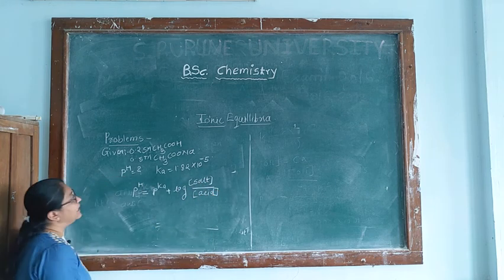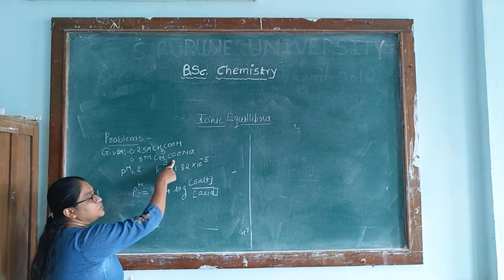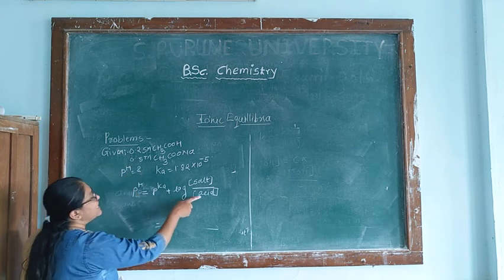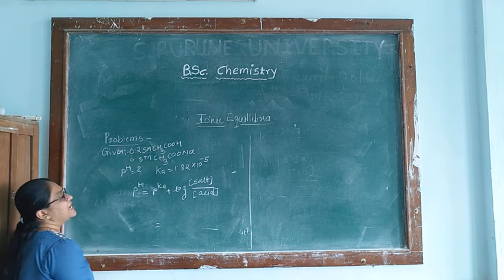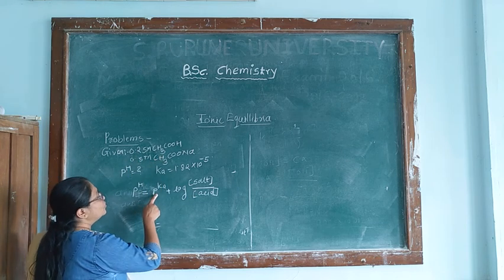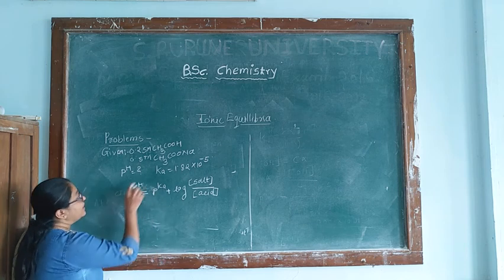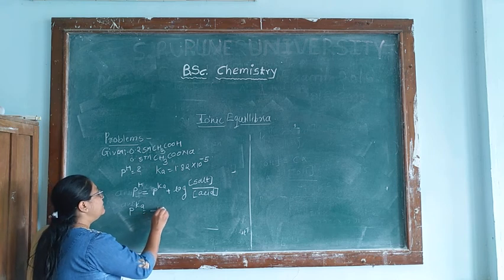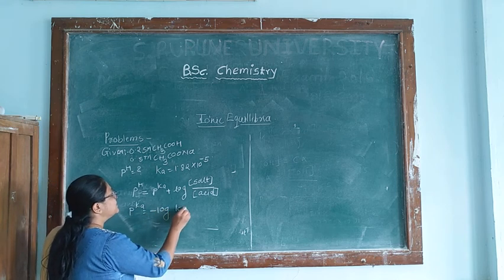Now see, in the formula, this is the salt which is used to make the buffer. We know the concentration of the salt as well as the concentration of the acid. The only term we don't know is pKa. We know Ka, therefore we can calculate pKa as pKa is equal to minus log of Ka.